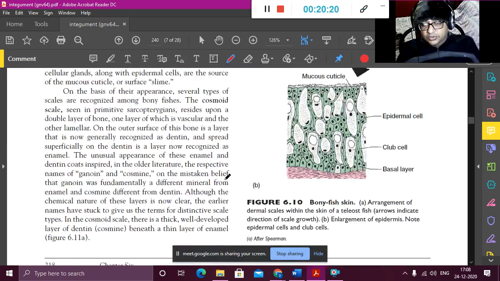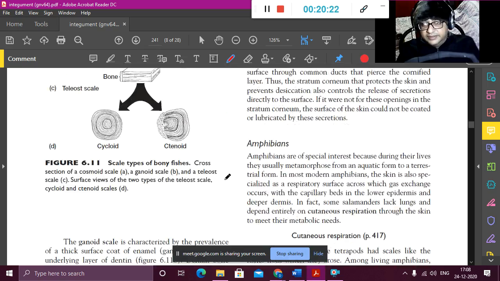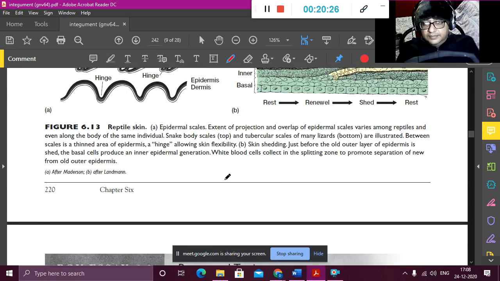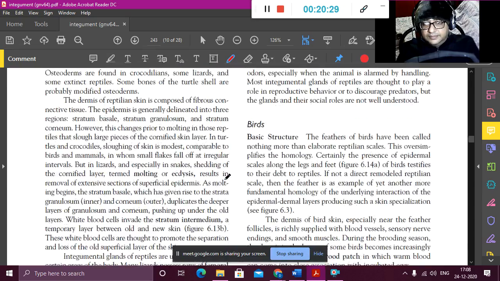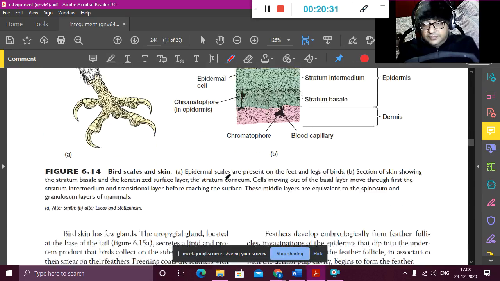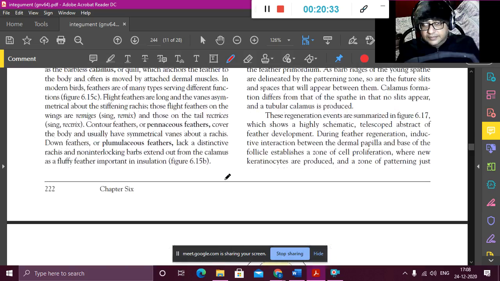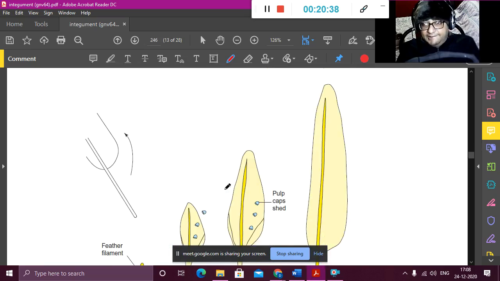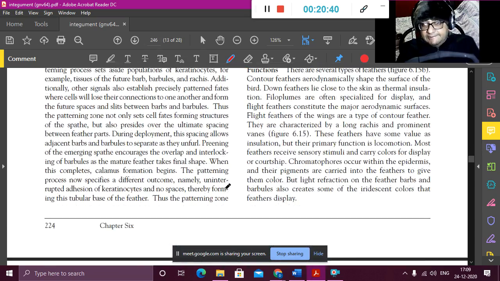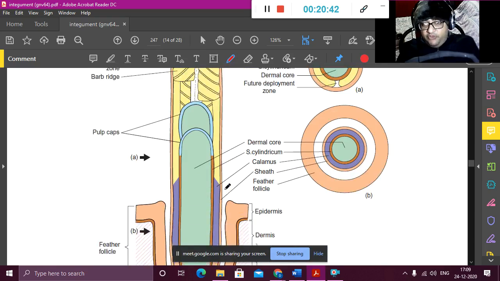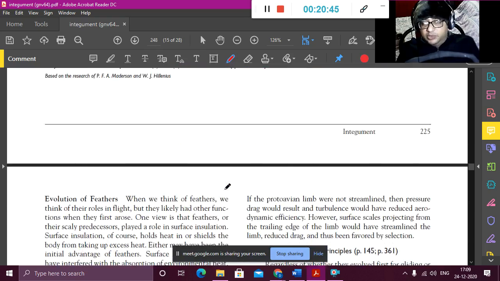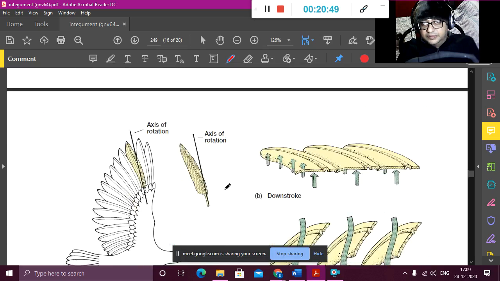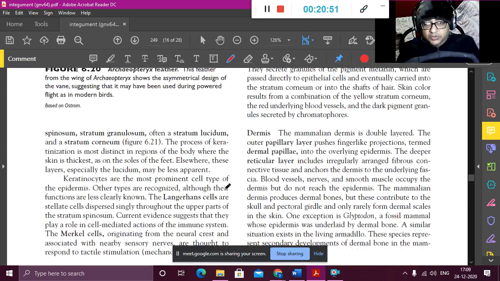So let us go to the next part. In former times, the feathers were in your syllabus, but it has been removed. It's not there anymore.